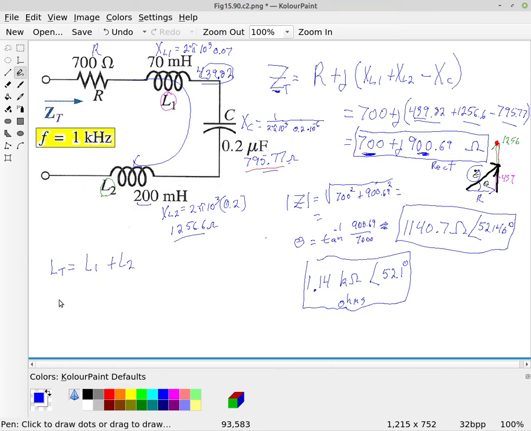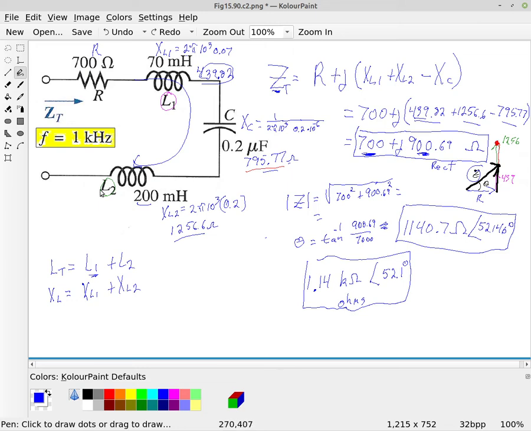And so when we look at the inductive reactance, X of L is equal to X of L1 due to the first one plus X of L2. So these are just impedances, right? They're reactances, but they're impeding current flow, so they just add when they're in series.